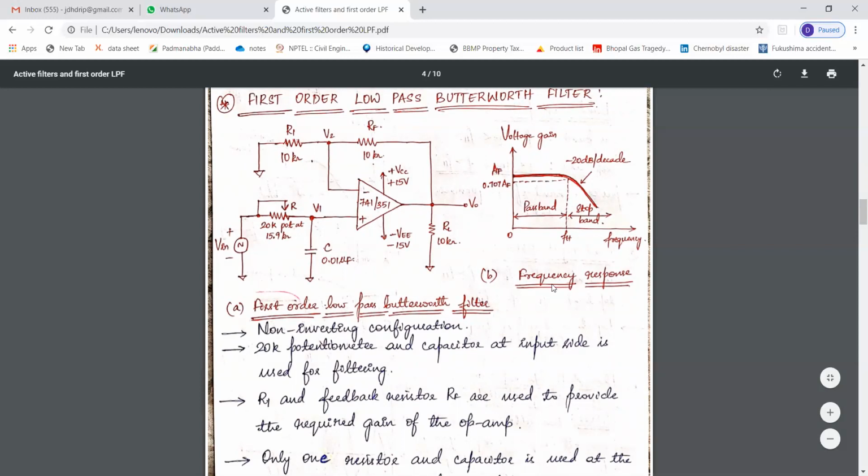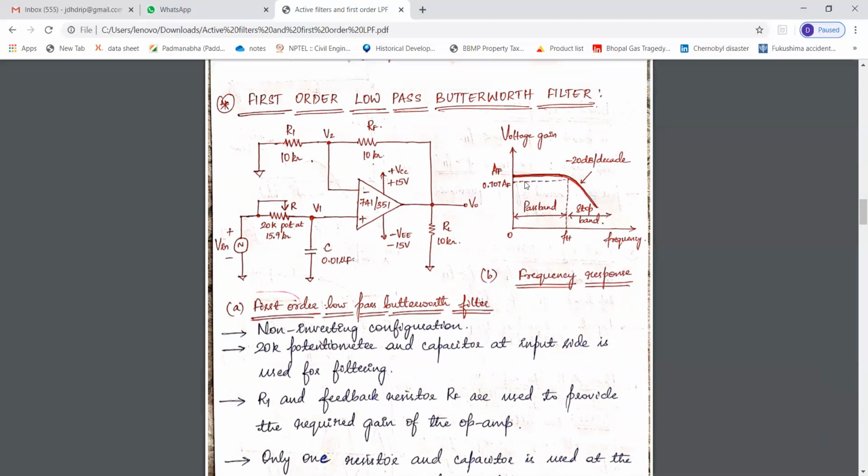And this is the frequency response curve for the first order low pass filter. It's the same as we have studied before. So the curve indicated by dotted line is the ideal frequency response of low pass Butterworth filter, and this curve indicated with the thick line is the practical response.